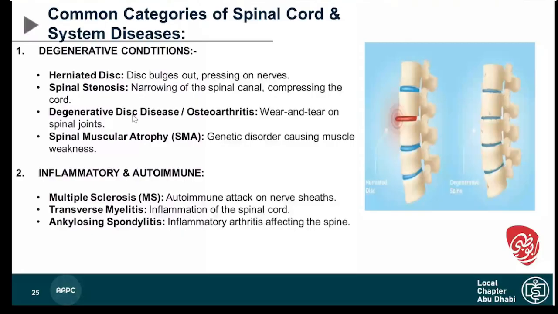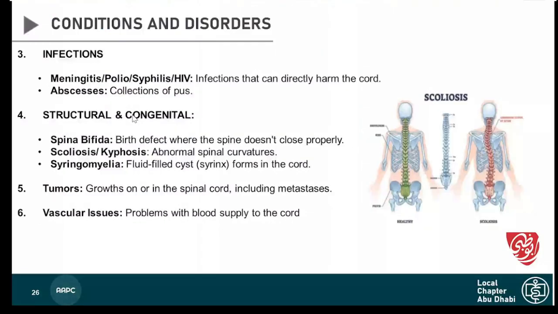Next, infections. Meningitis, polio, syphilis, HIV are the common infections that occur to the spinal cord. Meningitis infection can directly harm the cord. Sometimes this meningitis can be caused by virus or bacteria, and it will cause severe headache, neck stiffness, and so on.